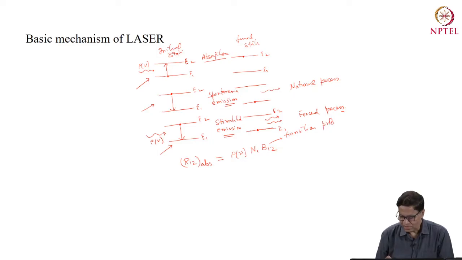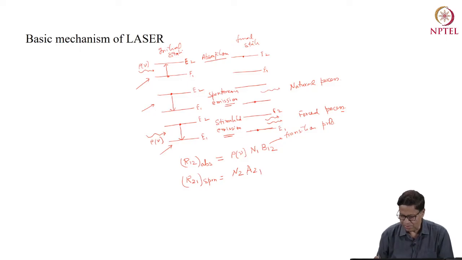Similarly, I can write for spontaneous emission. So spontaneous emission will be R21 because it is coming from E2 to E1. It is proportional to the number of electrons in the high energy state, that is E2, which is N2, and the transition probability is A21.